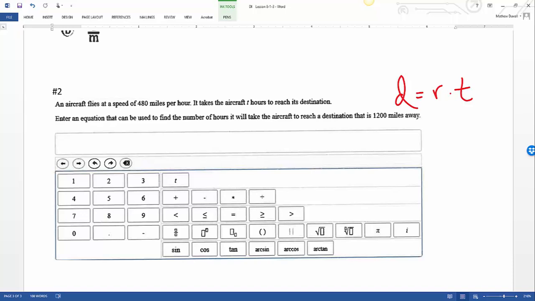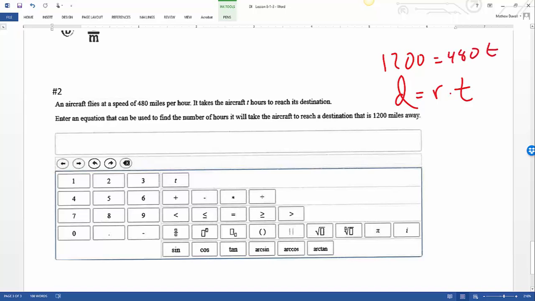So that's going to be 1,200 equals 480 T.